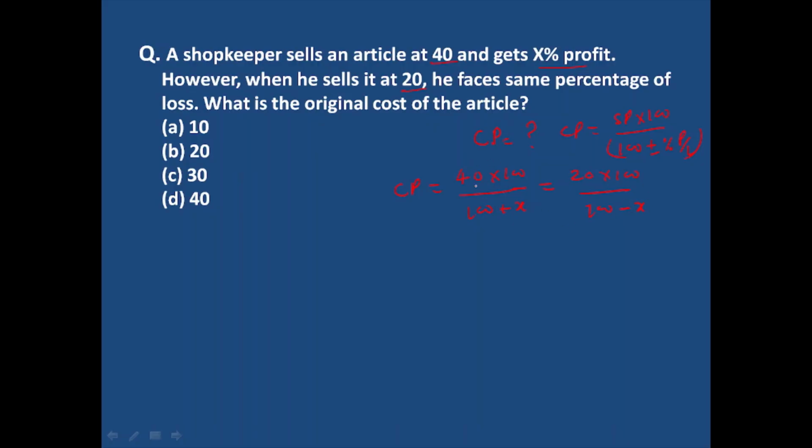So these parts will be equal to each other.